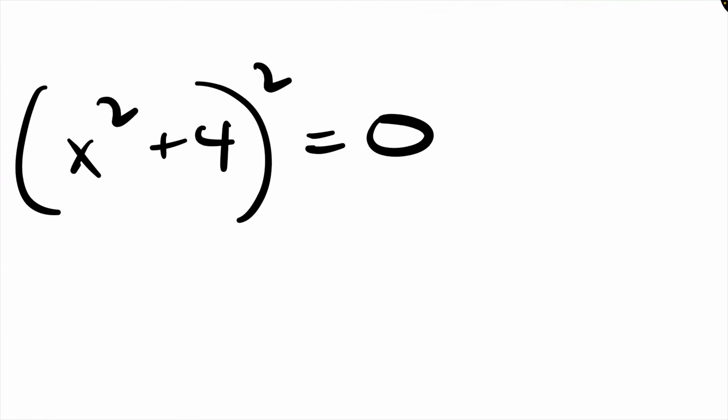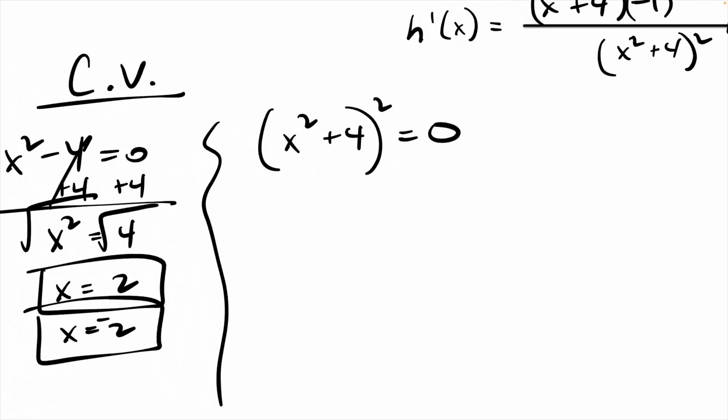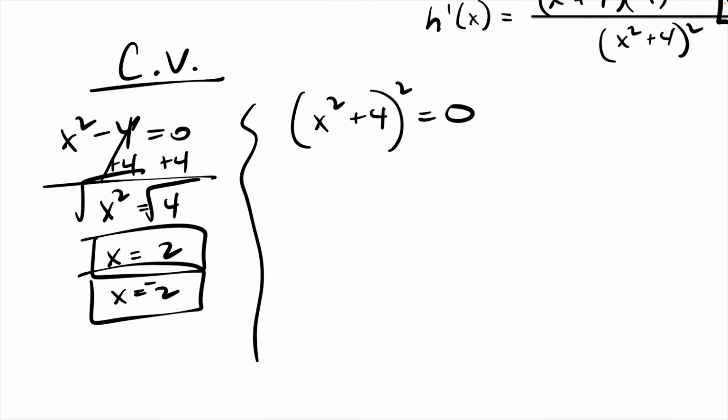The first thing I do is square it and then add 4, so anything squared is positive, plus 4 isn't going to be 0. I want 0 in the parentheses, and there's no way to make that. Is there a number? Yeah, but it's imaginary, and we don't deal with imaginary in this class. So the only critical values are going to be positive 2 and negative 2.